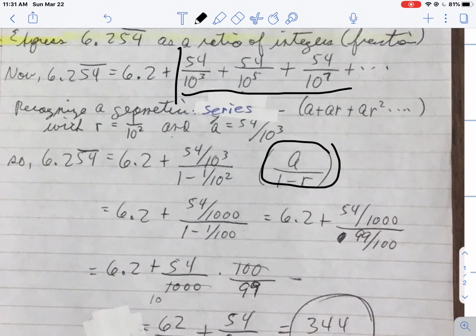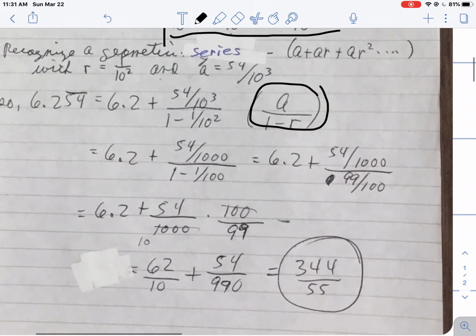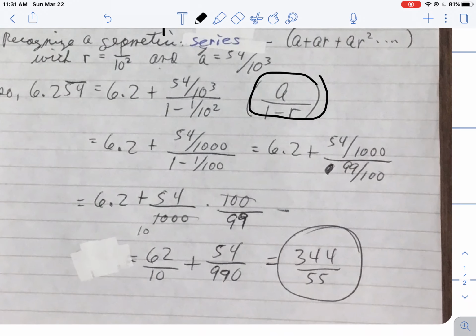So, first recognize the geometric series. Secondly, what's the R value? What's the A value, the first term of the geometric part, the repeating part? After that, we're just plugging it into the formula. A is 54 over 10 cubed, R is 1 over 10 squared. Plug that in, simplify, and we end up with 344 over 55.